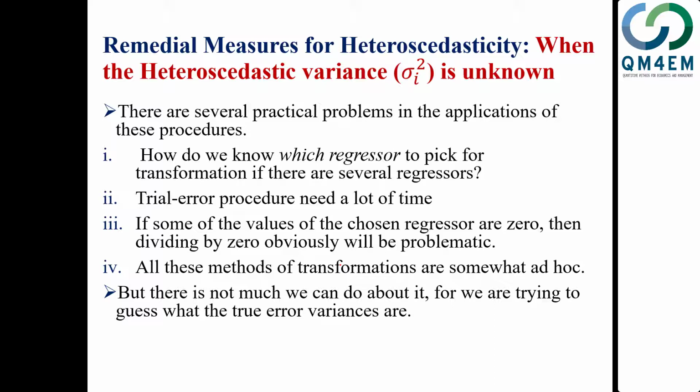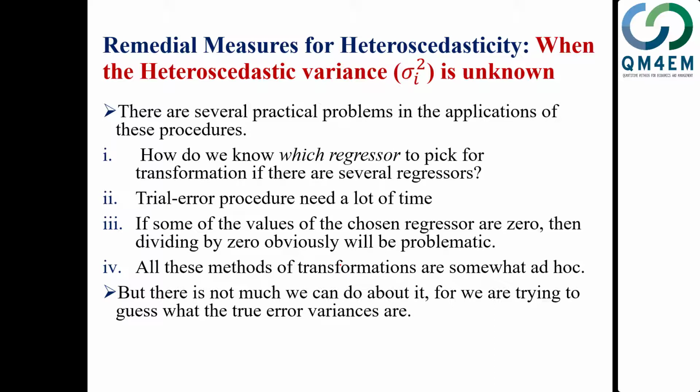However, we do mention that because of this transformation, although the problem of heteroscedasticity may be addressed up to some extent, that's the maximum we can do. All these transformation methods are ad hoc methods.